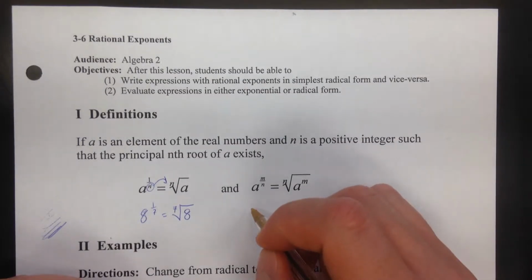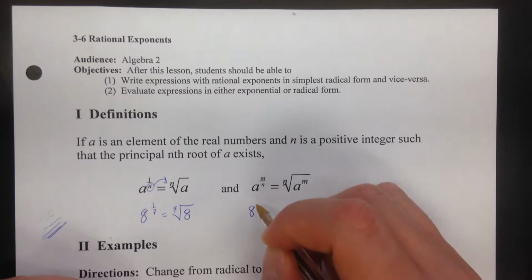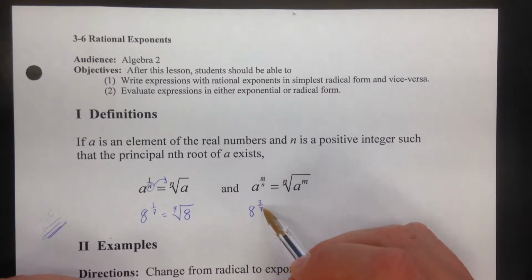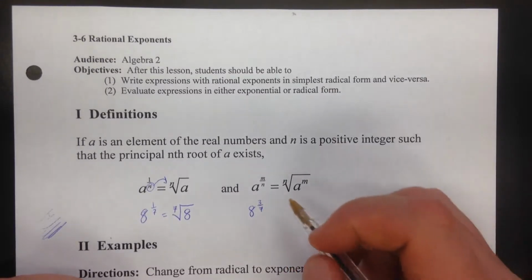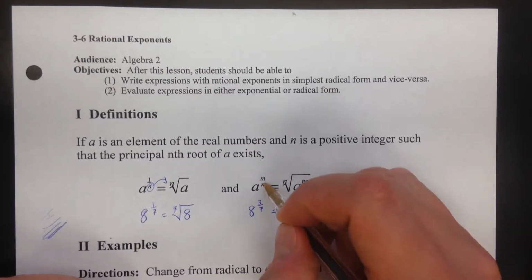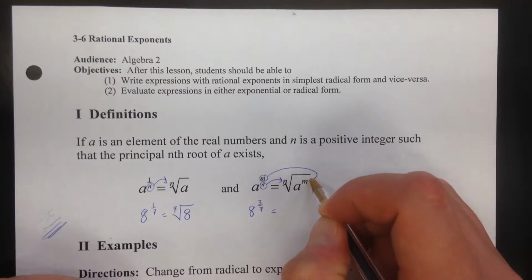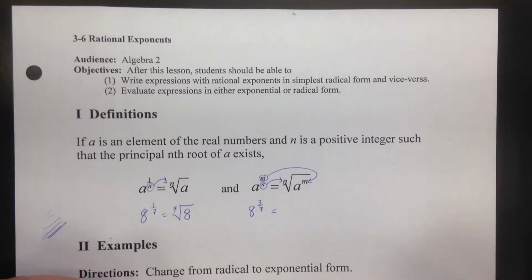Now, if we say 8 raised to the 3/7, so now your fraction, the numerator and the denominator, are both numbers other than 1, what happens is that the bottom number, again, is your index, and the m is the exponent for the base.